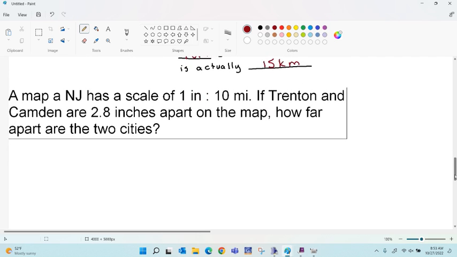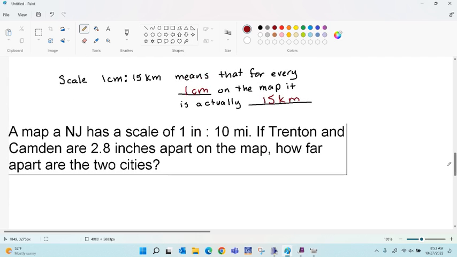So here's some information. A map in New Jersey has a scale of 1 inch means 10 miles. So our map versus the real. So I'm going to make my proportion the map versus the real. So I have 1 inch represents 10 miles.